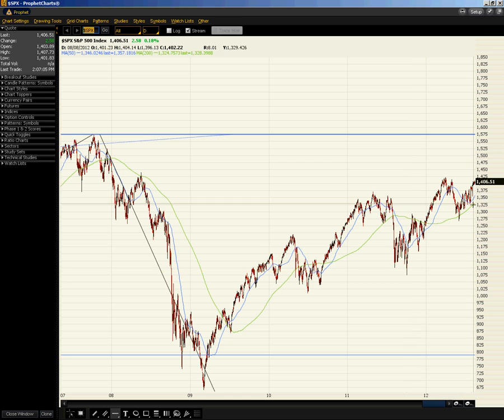Now, this is actually the first time, and this occurred about 2 weeks ago in July, when the 50-day finally pulled away from the 200-day and failed to cross over the 200-day in a bearish cross. This is the first time since 2009 that that's happened.